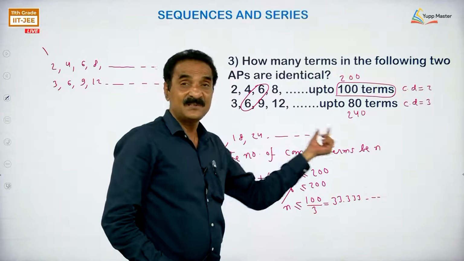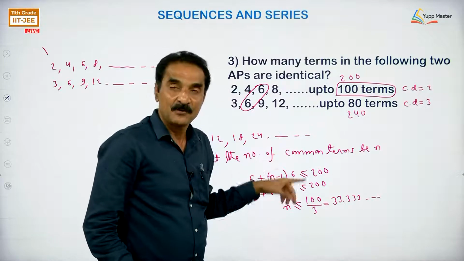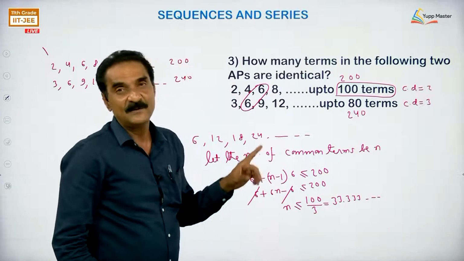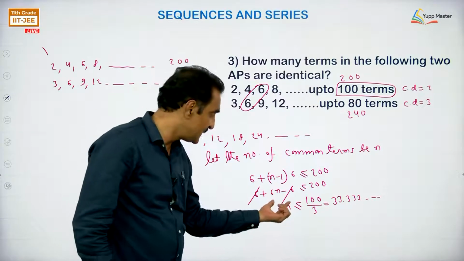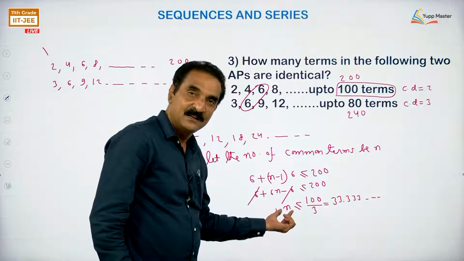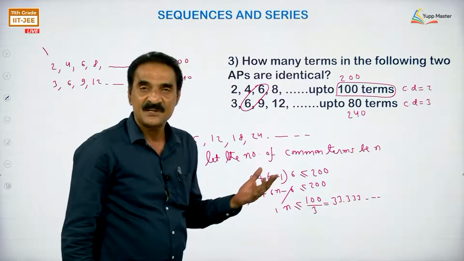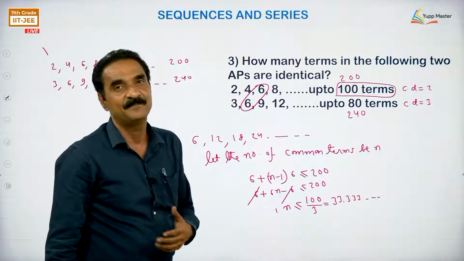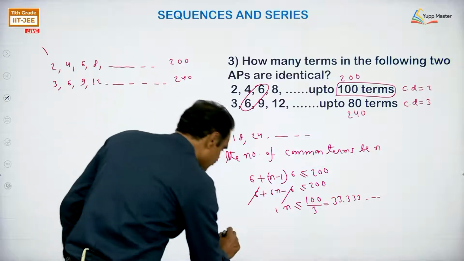What is the largest term in this series which is less than 200? So, we have to find the largest value of n satisfying this inequality. What is the largest value of n? n is a positive integer. If n is less than or equal to 33.33, the largest number n is 33. Therefore, number of common terms is 33.